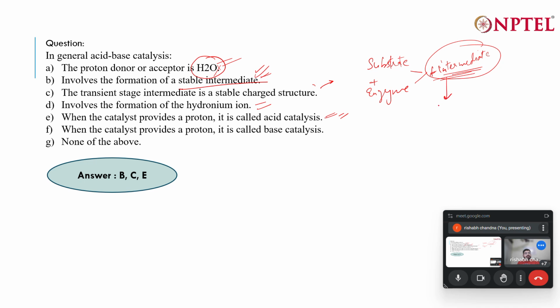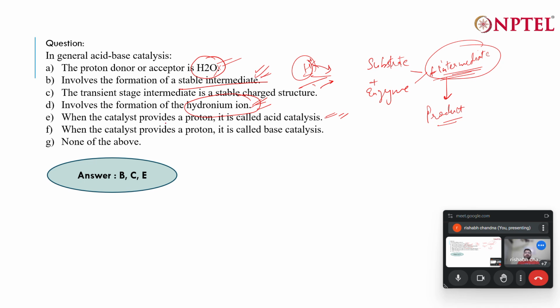The next step is the conversion of this charged intermediate to the product. Now moving on to option D, involves the formation of the hydronium ion, not necessarily. H plus ion can either be donated or accepted from the given substrate or product molecule. So hydronium ion formation is not necessarily needed.